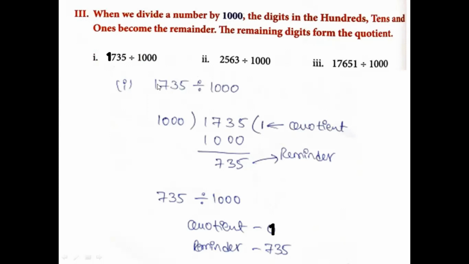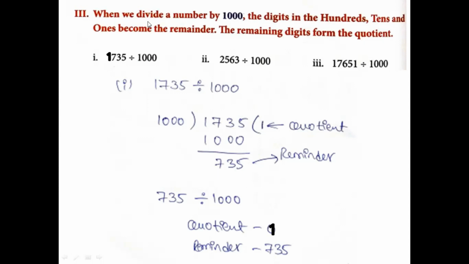For example, 1735 divided by 1000. 1000 in the divisor place, 1000 into 1000. Difference is 1735 minus 1000, how much? 735. Quotient is 1. Remainder is 735.